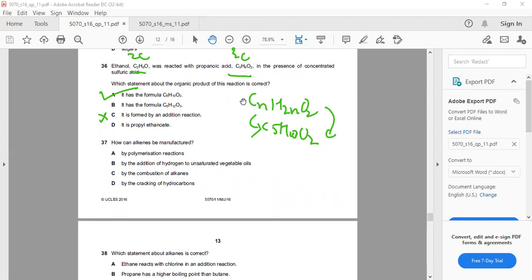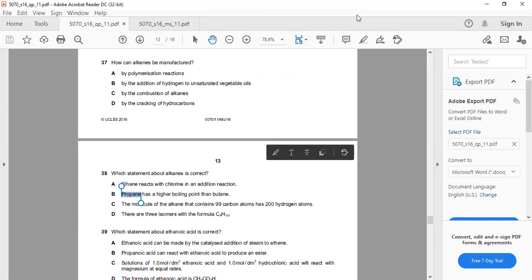Okay. How can alkene be manufactured? Not by polymerization. Polymerization forms alkane, I mean saturated compound. By addition of hydrogen on unsaturated vegetable oil, no, margarine is formed.